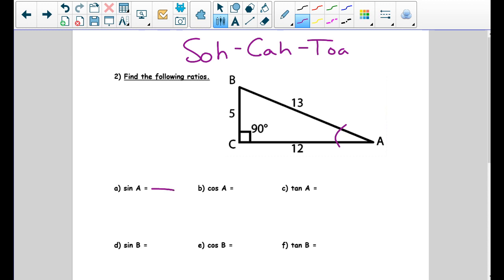What's the opposite side? 5, 12, or 13? Opposite from A is what? 5. Hypotenuse from A is what? 13.